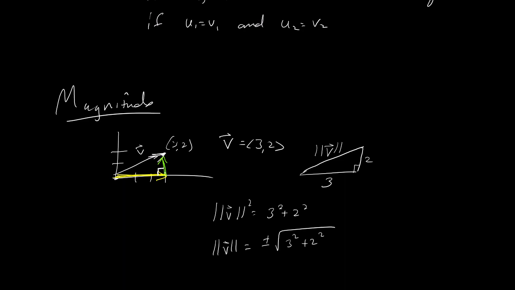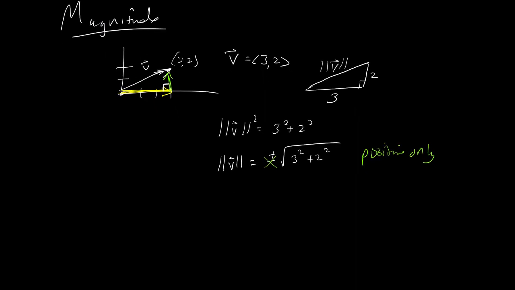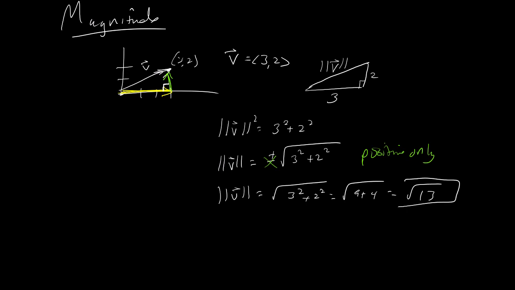I just need the absolute value. So we don't need the negative, positive only. Magnitude is a type of absolute value. So the magnitude of v is equal to the square root of 3 squared plus 2 squared, which is the square root of 9 plus 4, which is the square root of 13. So the magnitude of vector ⟨3, 2⟩ is the square root of 13.